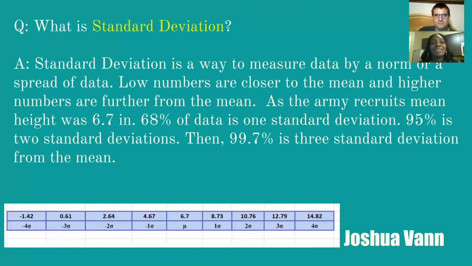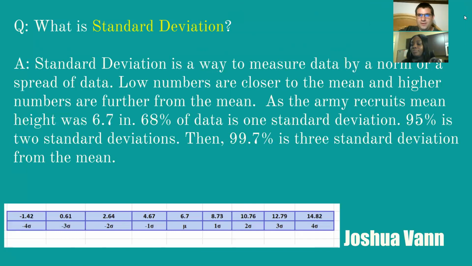What is the standard deviation? Standard deviation is a way to measure data by a norm of a spread of data. Low numbers are closer to the mean, and higher numbers are further from the mean.